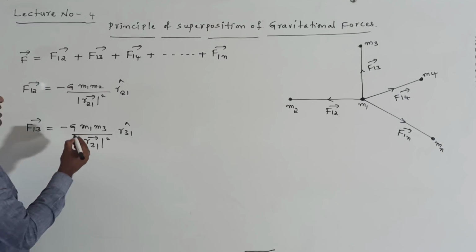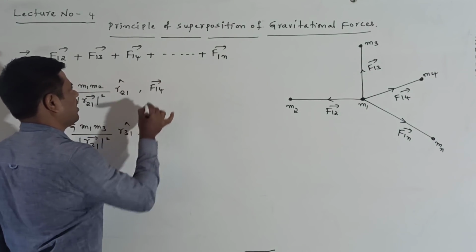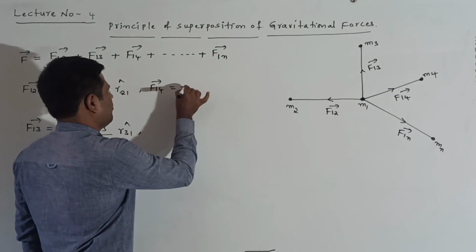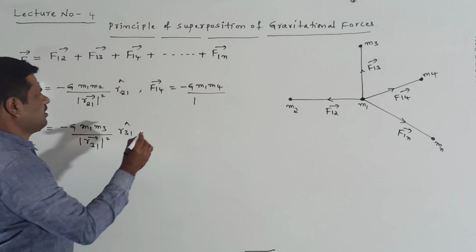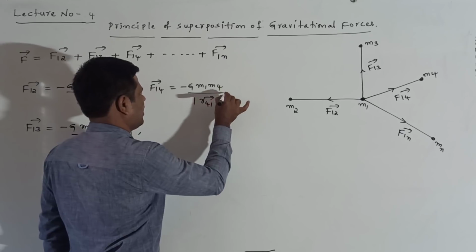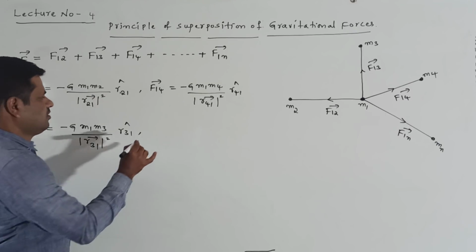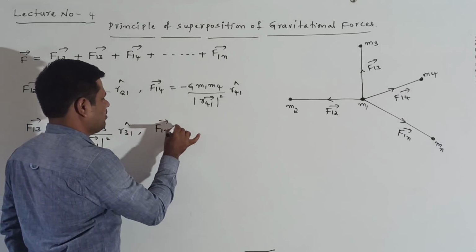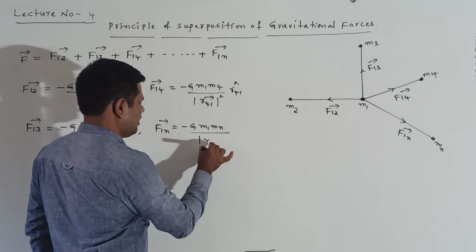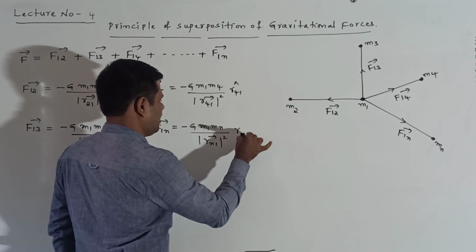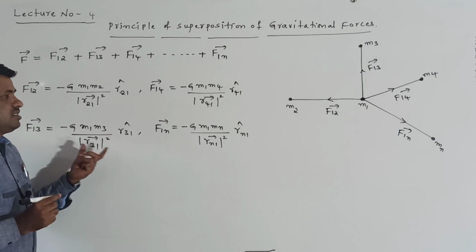Here 13 is there, and r31 is coming. Similarly F14 bar is equal to minus G into m1 m4 by mod of r41 bar whole square into r41 cap. Here 14 is there, 41 is coming. F1n bar can be written as minus G into m1 mn by rn1 bar whole square into rn1 cap. Here 1n is there, n1 is coming. Right, these are the values we are getting here.